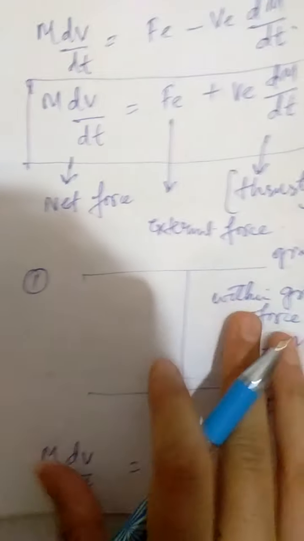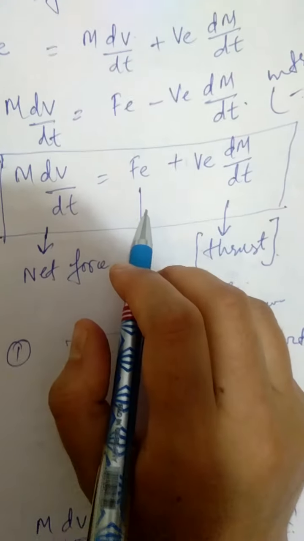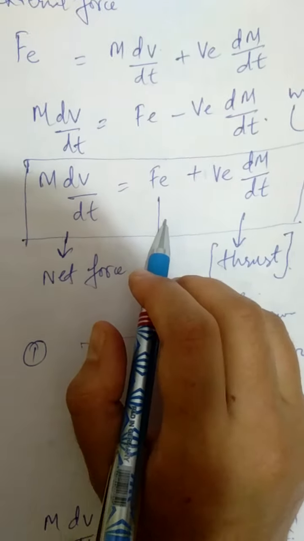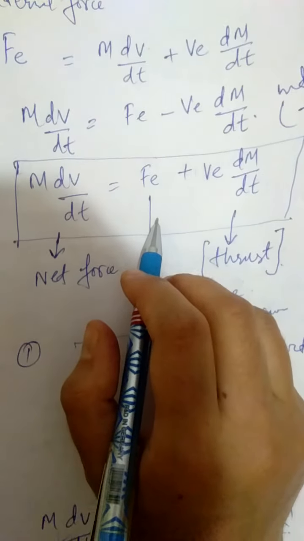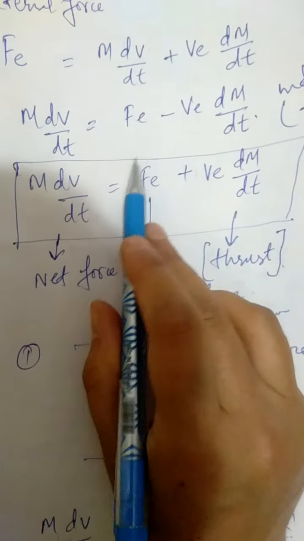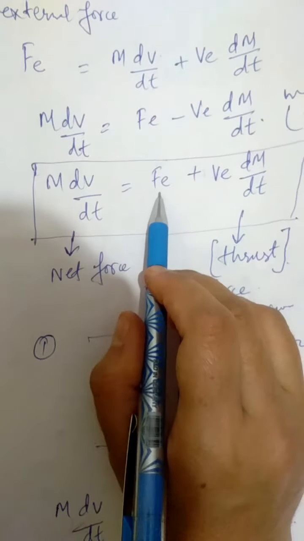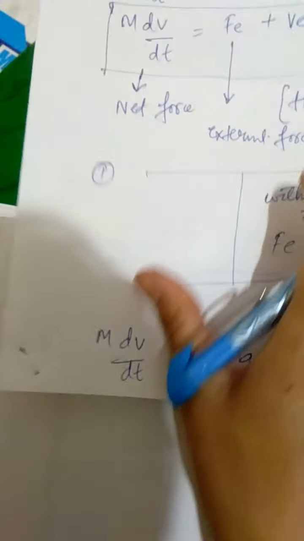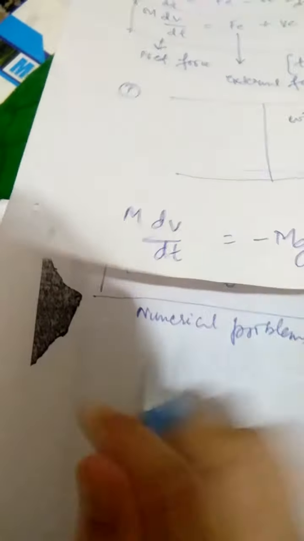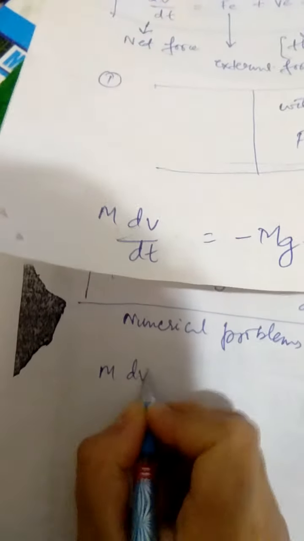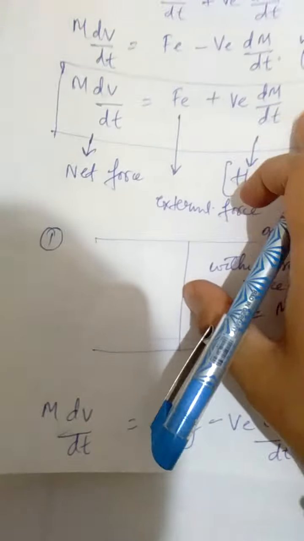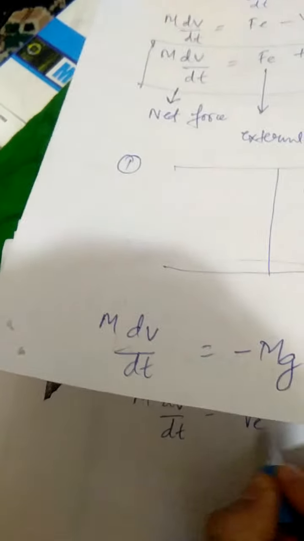When we want to launch a satellite, we have to surpass certain regions. So when we are moving in such a region in space where there is no gravitational field of Earth, this quantity will be 0, and we are left with m dv by dt equal to only Ve times dm by dt.